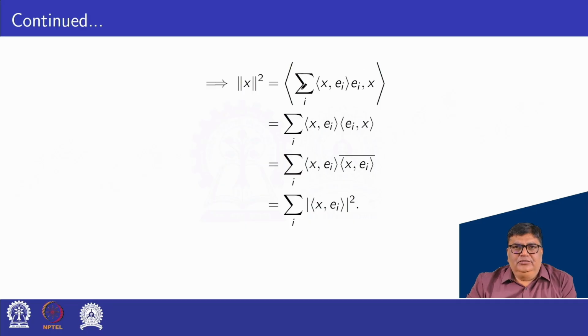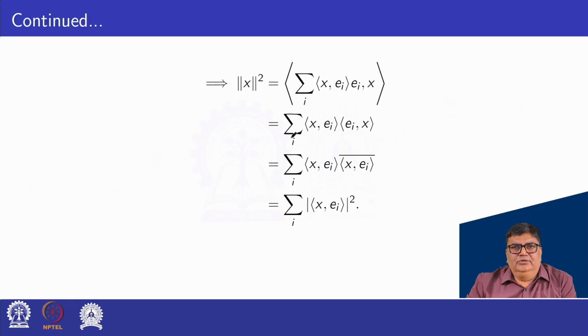Okay, so this is a scalar. So it will be outside the inner product after expansion. So we can write this equal to the summation over I of the inner product of x and ei into the inner product of ei and x. So this can be written as the complex conjugate of the inner product of x and ei.